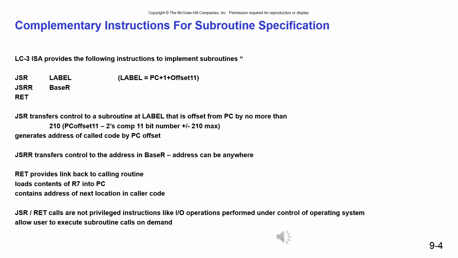And once again, return provides a linkage back to the calling routine. It's a JMP R7. R7 holds the contents of the program counter as moved during the JSR, just like a trap routine. So if you've got a JSR instruction at hex 3003, when you execute the JSR, the program counter will have been incremented to 3004, and that'll be stored into R7.